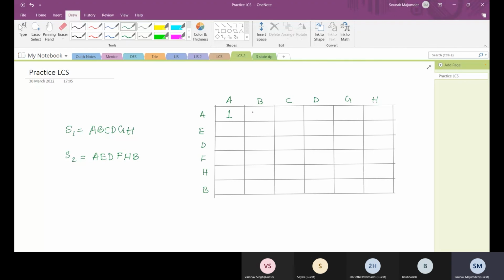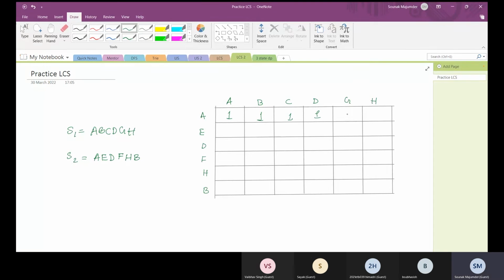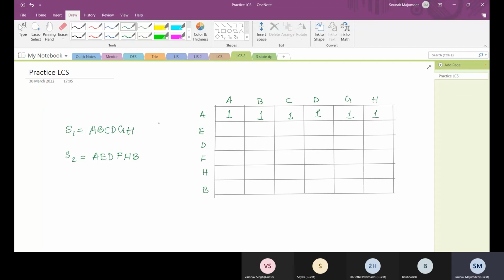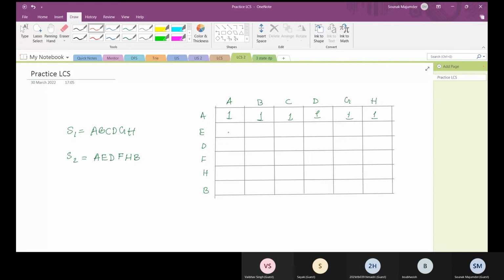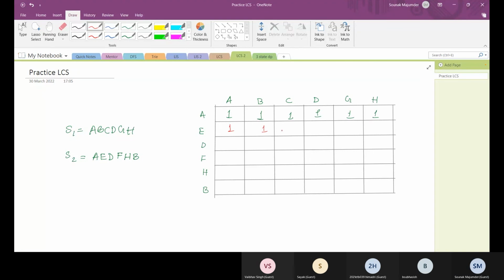So this one is the max of those two. C and A not matching, D and A not matching, G not matching, E and A not matching, so max of this one or this one. This one, let's assume 0. B and E not matching, C and E not matching, max of this one or this one, both are same.